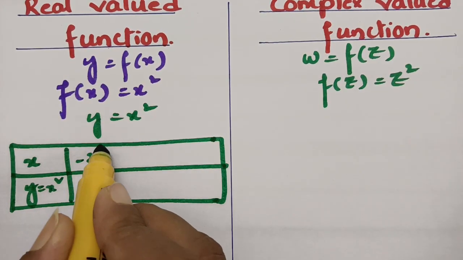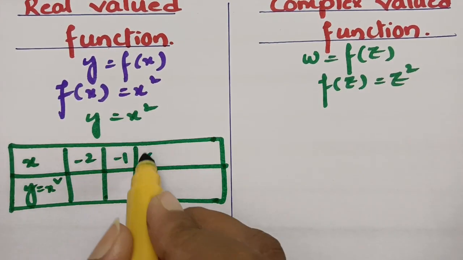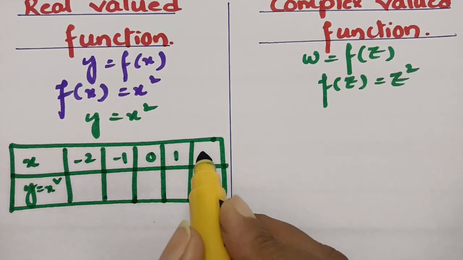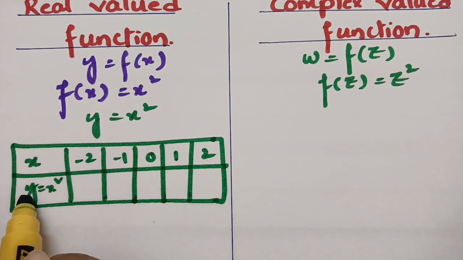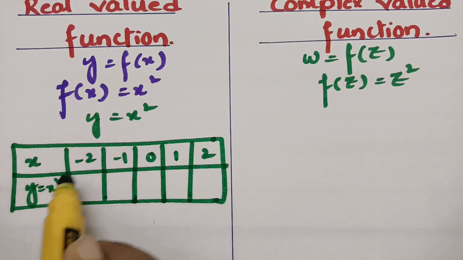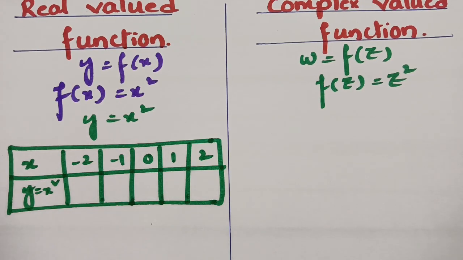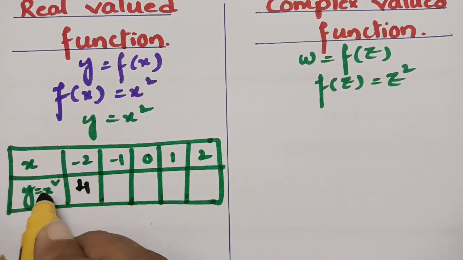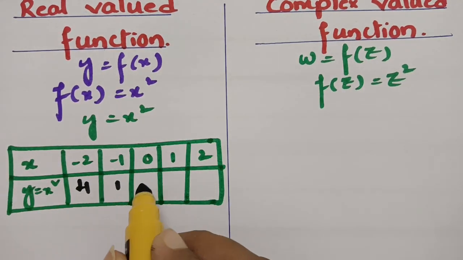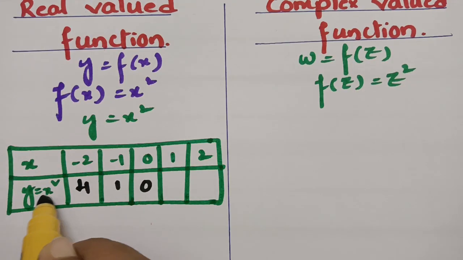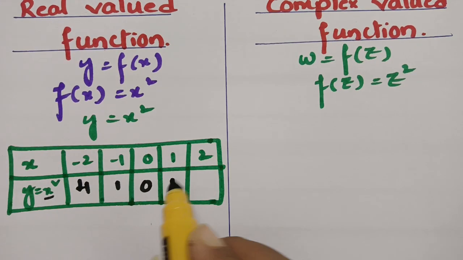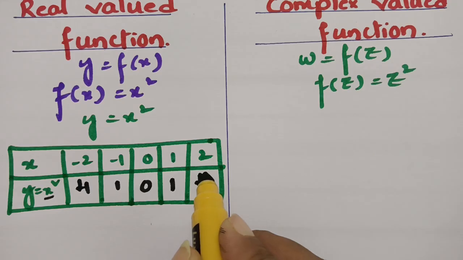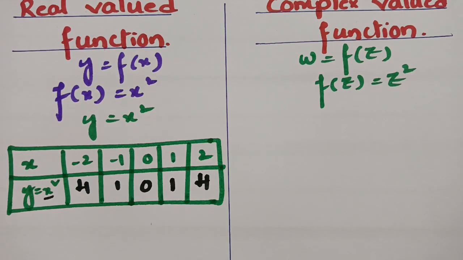If I take minus 2, minus 1, 0, 1 and 2, what will be the y value? The y value is equal to x square. So minus 2 whole square, the value will be 4. And next, minus 1 whole square, the value will be plus 1. And 0 square is 0. And 1 square is 1, and 2 square is again 4.